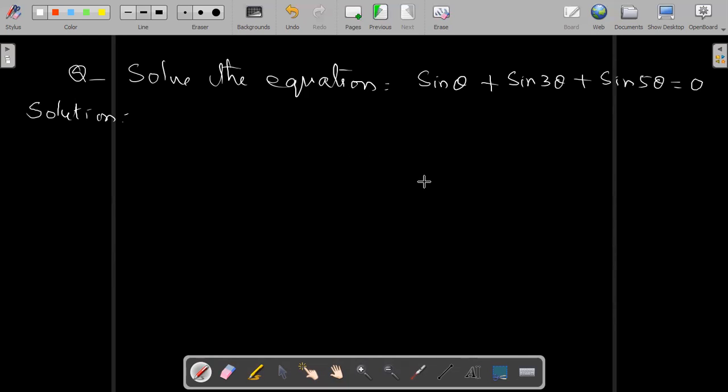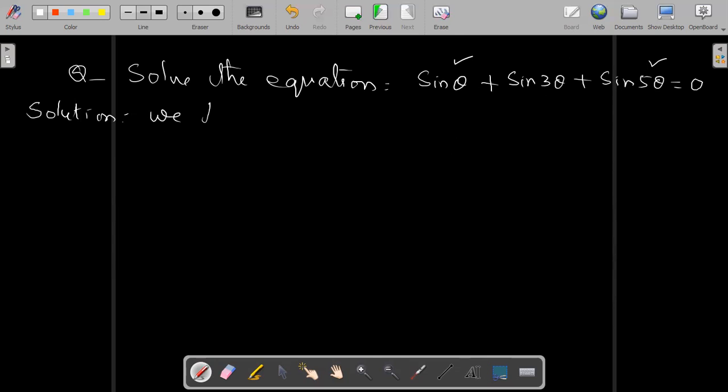So how to convert it into factors? We can use sin C plus sin D, but if we take 3 theta and theta, 3 plus 1 is 4, half of 4 is 2 theta, we are not getting 5 theta. So we will take 5 theta and theta together.